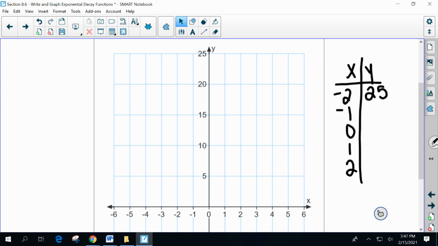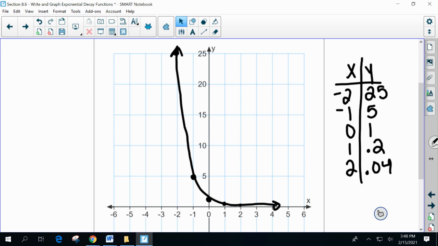I would suggest you pause the video and calculate these on your own. 1/5 raised to the -1 power is 5. 1/5 to the 0 is 1. 1/5 to the first power is 1/5, so that'd be 0.2. And 1/5 raised to the second power is 0.04. And you just get really close to 0, but you're not technically touching 0.